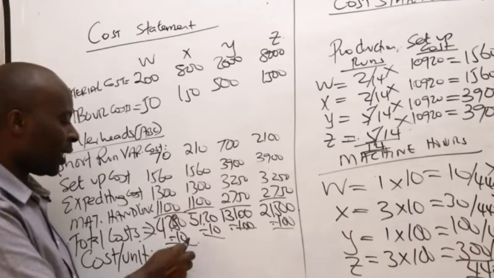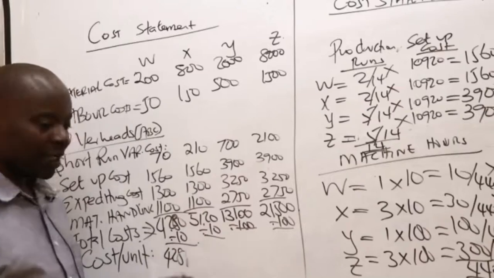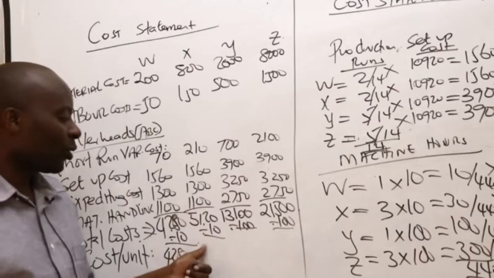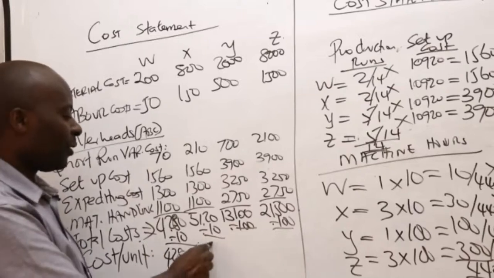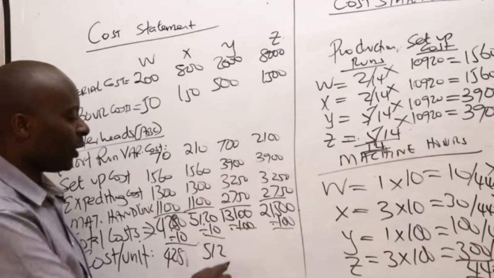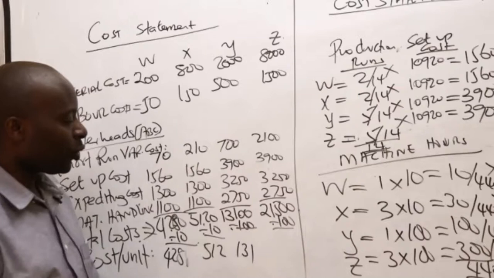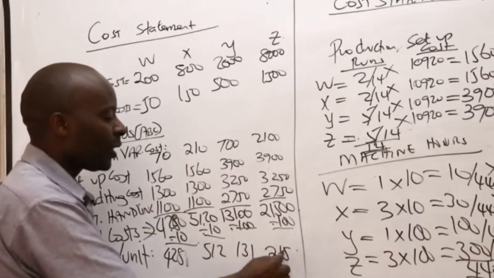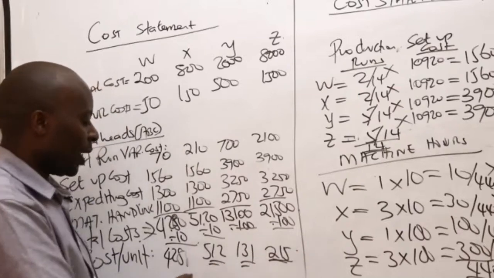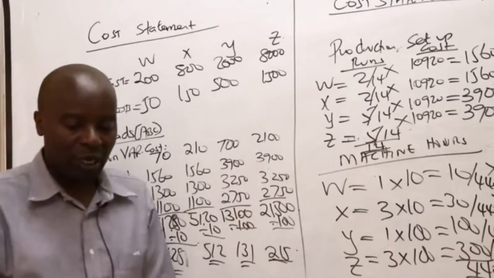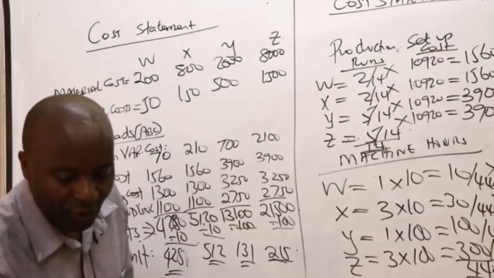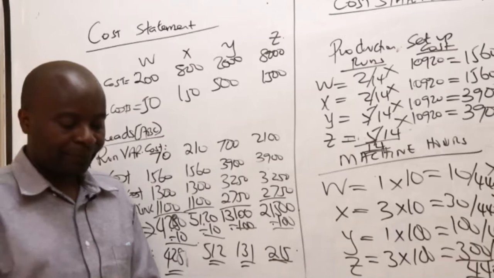Please give us these figures very fast. 428, the second one, 512. Then we have 131 shillings. Then we have here 200 watt year, 215.